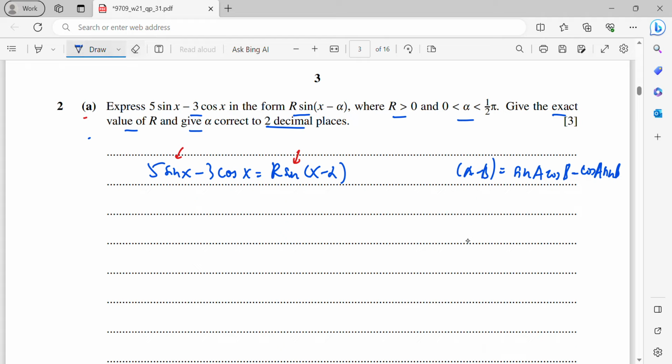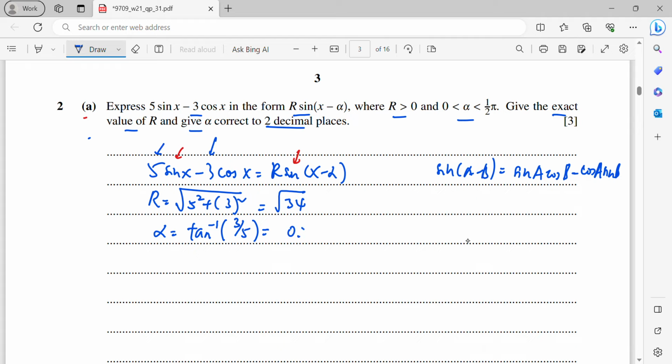Once you have obtained the form, my r is basically the square root of 5 squared plus negative 3 squared. 5 squared plus 3 squared, I should say. Then here is going to be square root of 34. Then the alpha will be inverse tangent of 3 over 5, because here 3, here 5.